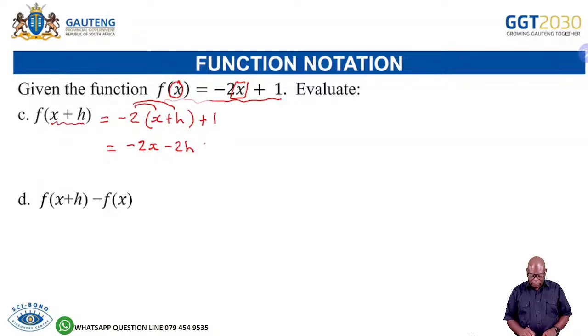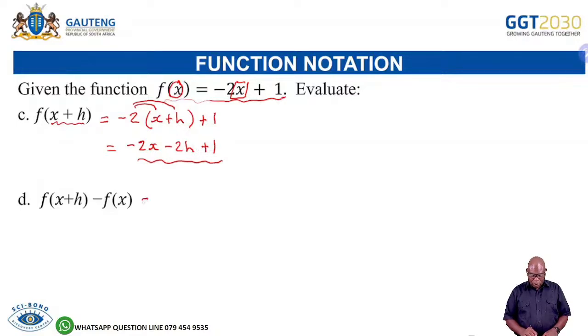So now I'll have my plus 1, and there's nothing else that I can do to this one, so I'll leave it as that. So I'll put my answer as negative 2x, negative 2h, plus 1. Remember, the 1 does not have an x, so there's no way I can substitute on the 1. So the 1 is an independent value, it's a constant value there.